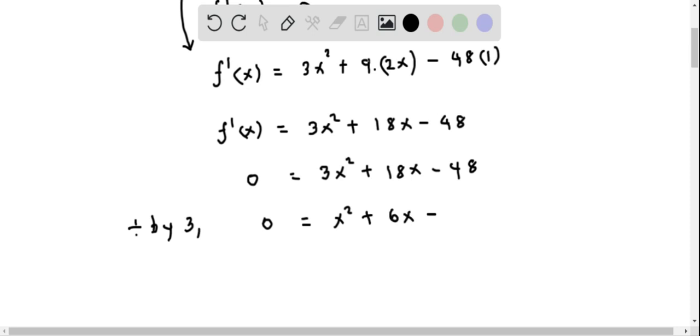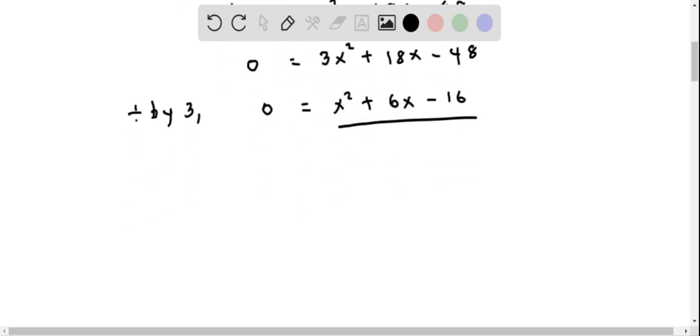Negative 48 divided by 3 is negative 16. So basically this one is a quadratic equation which we can solve by the factoring method. So I'm going to rewrite this, putting the expression on the left, that is x squared plus 6x minus 16, and this equals 0.